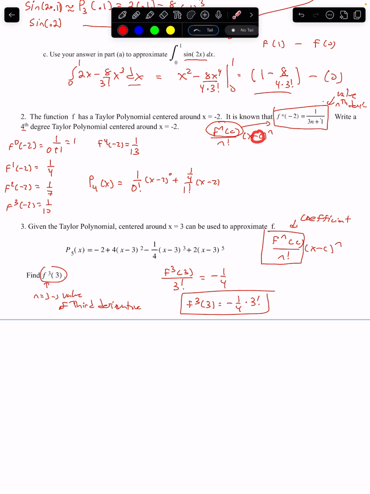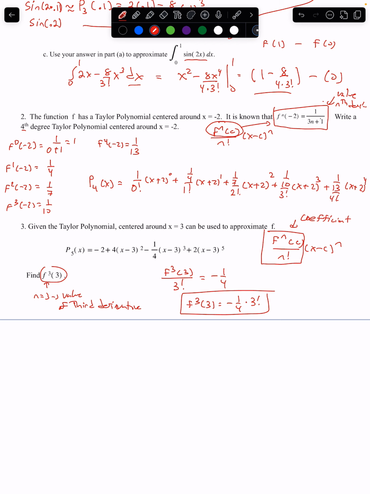So these should really be pluses. The next one, plus 1 over 7 over 2 factorial, x plus 2 squared, plus 1 over 10 over 3 factorial, x plus 2 cubed, and then the last one, plus 1 over 13 over 4 factorial, x plus 2 to the fourth.